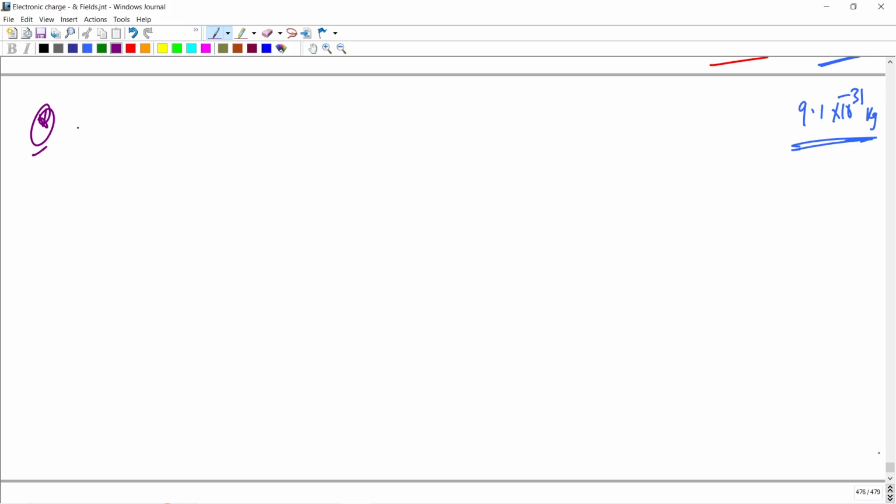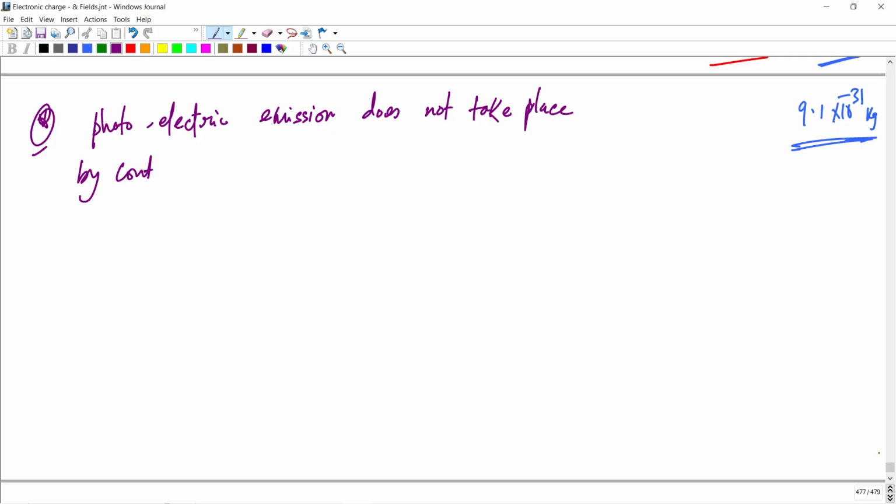The photoelectric emission does not take place by continuous absorption of radiation.